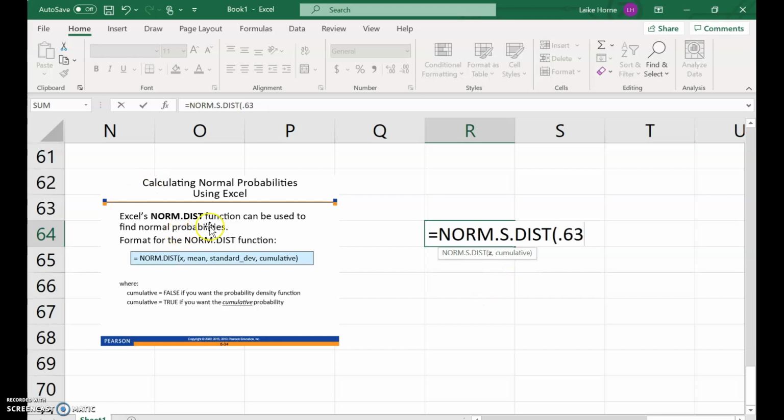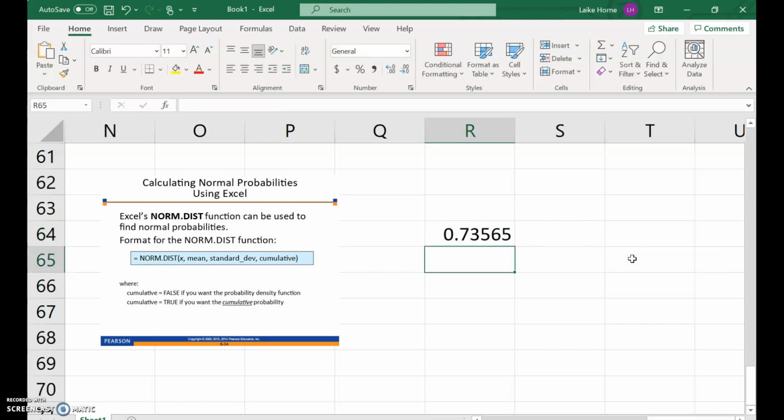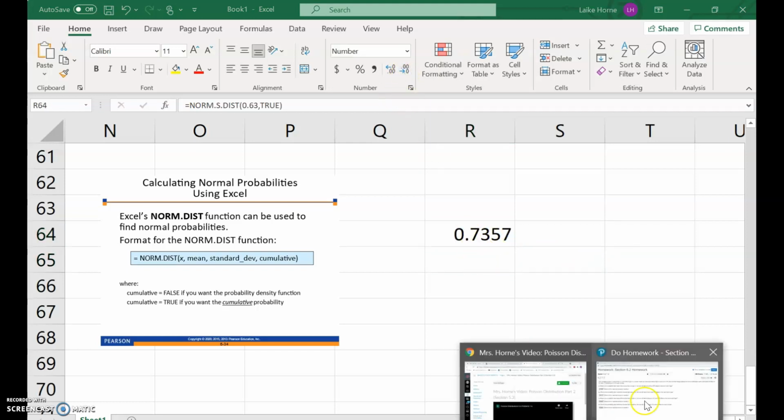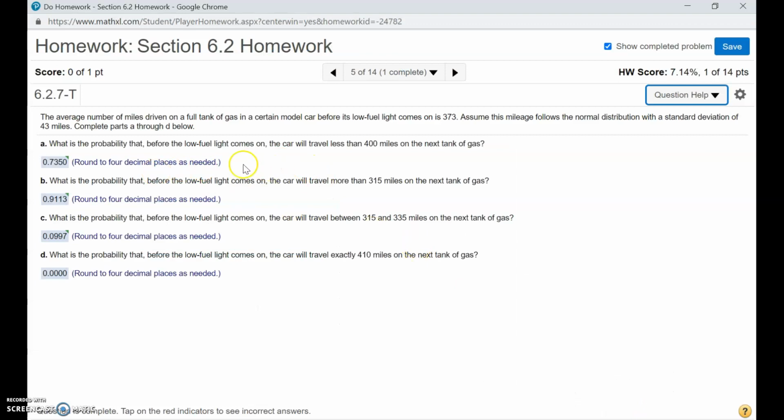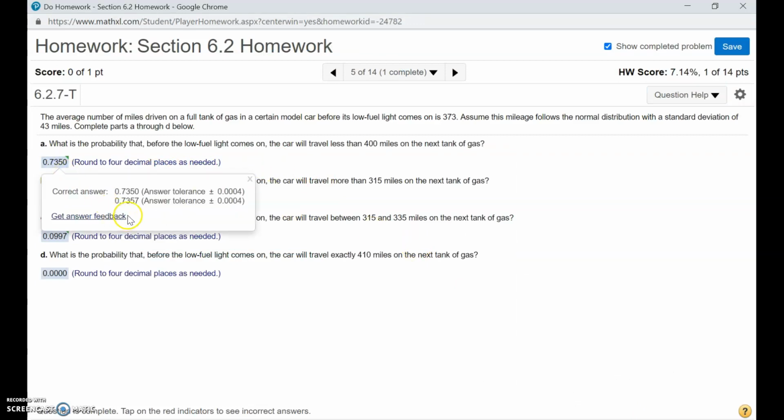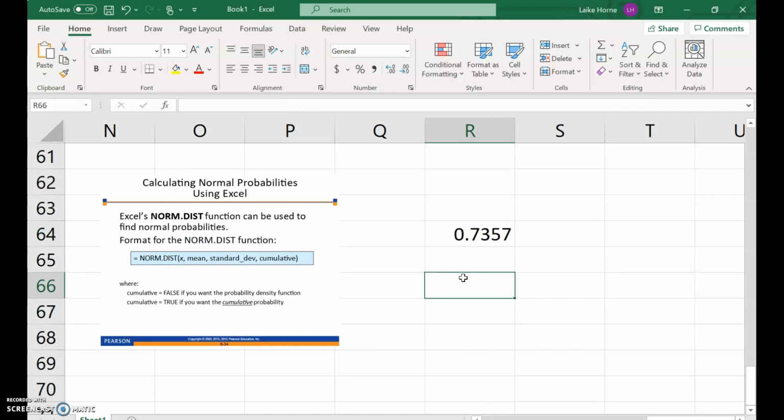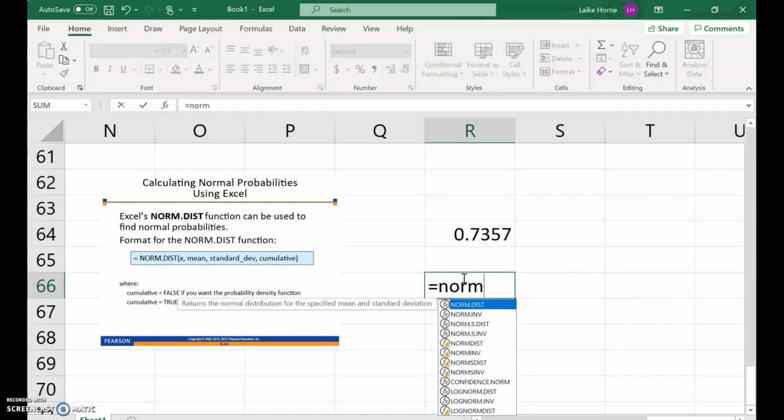So norm.dist, you put in the x value straight in, but they want us in the homework to go ahead and get the z-score and use this formula instead. That way you can make sure you get the right rounded part of the number. So that would be 0.7357, which is acceptable. Now let's do it. It may accept both answers.